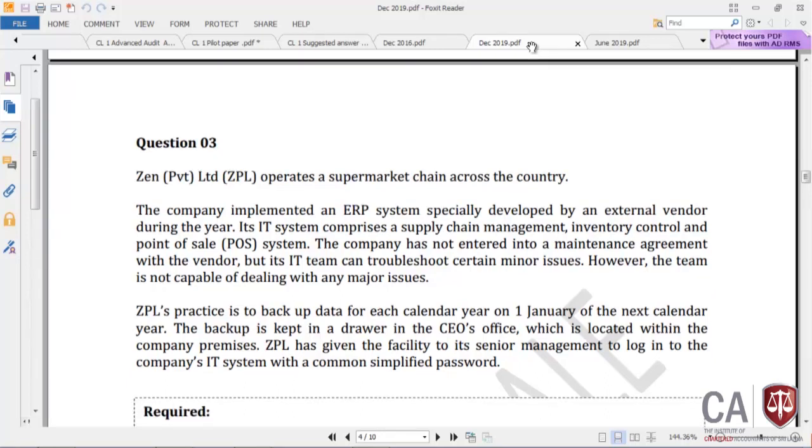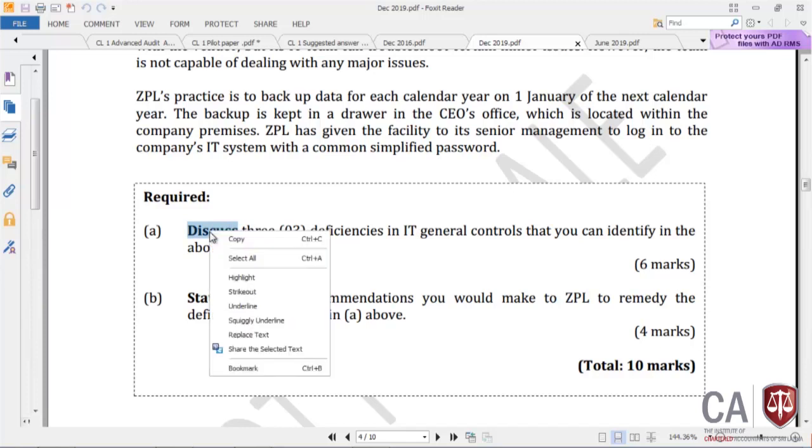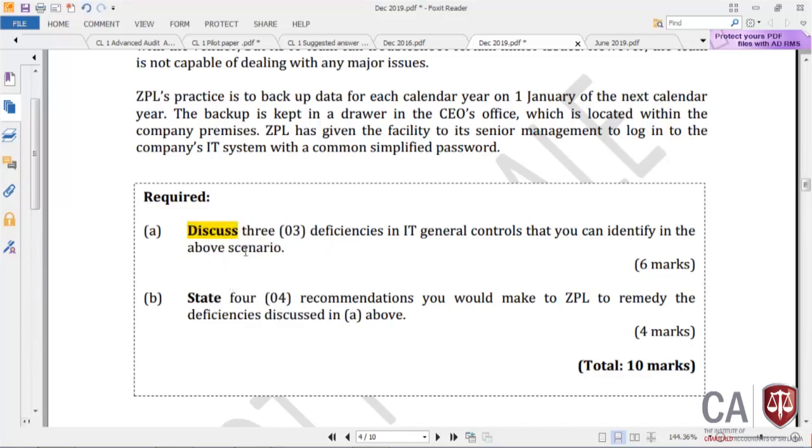This question is a 10 mark question. Basically, I have told you that you need to highlight the action verb. The action verb is discuss. Discuss 3 deficiencies in IT general control that you can identify.